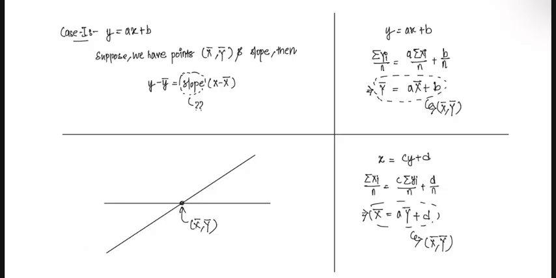These are the two lines. This is, suppose, y equal to ax plus b. This is x equal to cy plus d. Both pass through the point x bar, y bar and they both intersect.